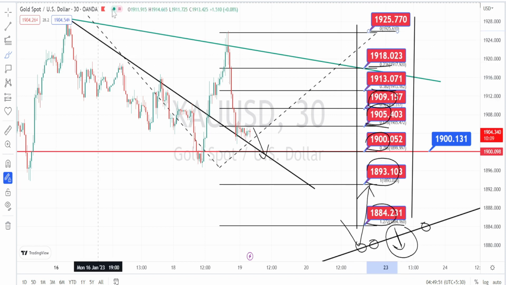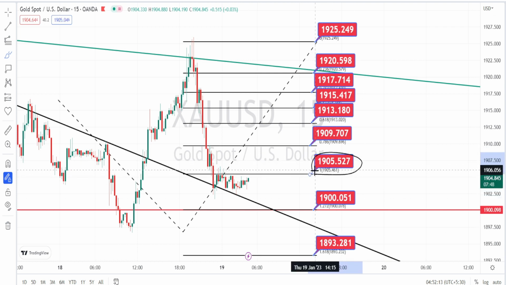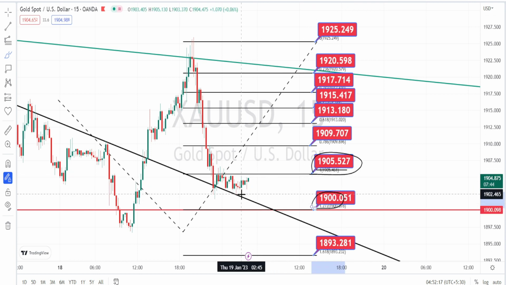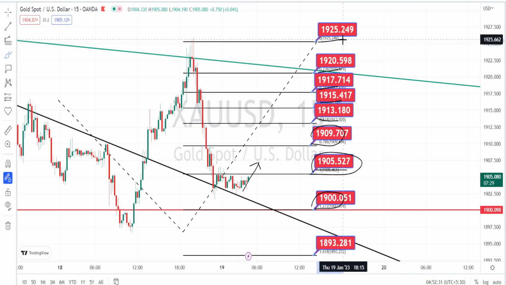Let us mark the support and resistance levels for the 15 minutes time frame. I'm in the 15 minutes time frame. In the 15 minutes time frame, we are noticing the price action trading within the resistance level of 1905 and the support level of 1900. Once the price action breaks this resistance level of 1905, the next levels of resistance are going to be around 1909, 1913, 1915, 1917, 1920 and 1925.